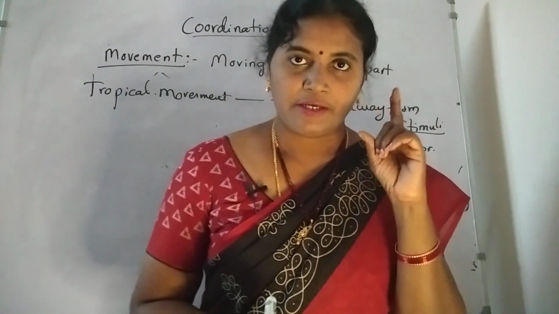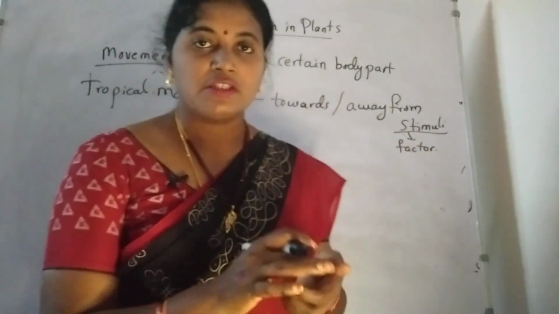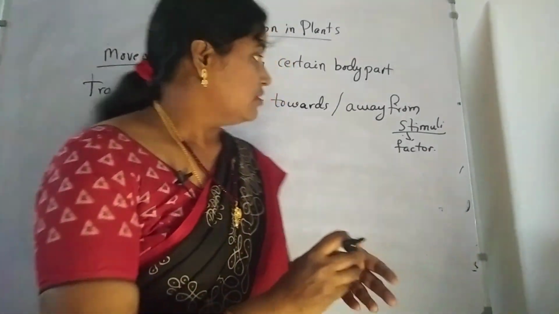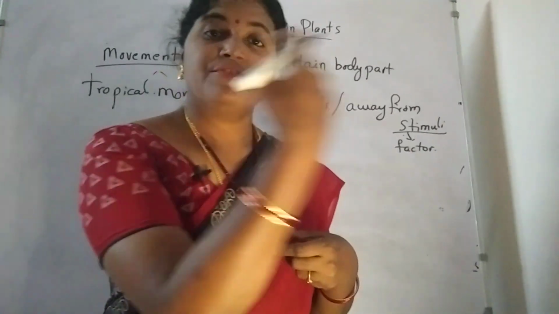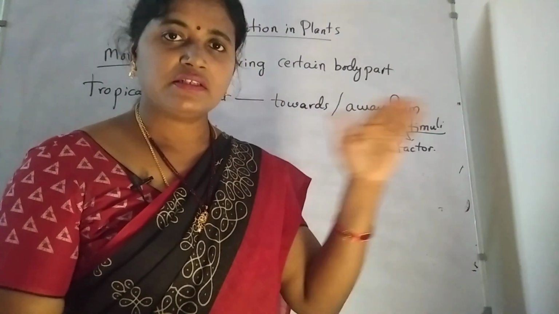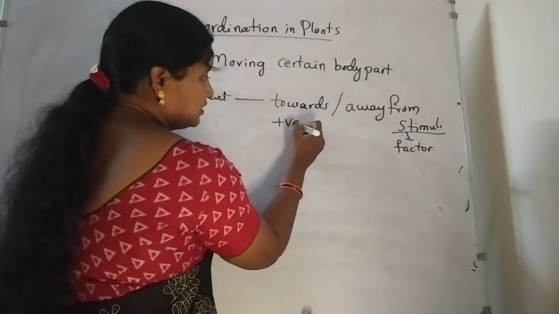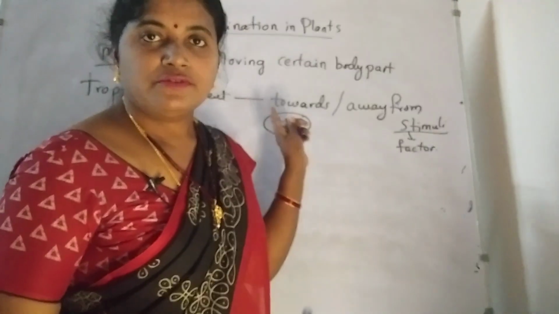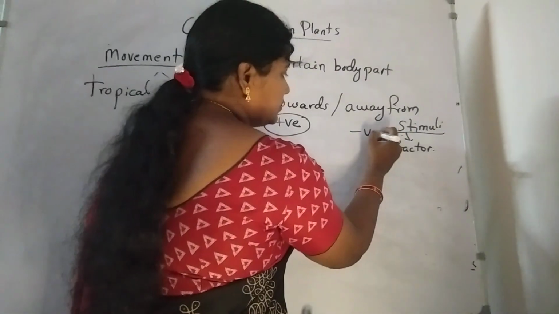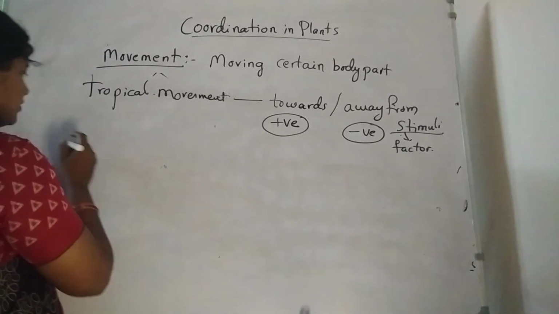Sometimes the movement is towards the stimulus, like light, water or chemicals, and sometimes it is away from the stimulus, in the completely opposite direction. If it moves towards the stimulus, it is positive tropic movement, and if it moves away from the stimulus, it is negative tropic movement.